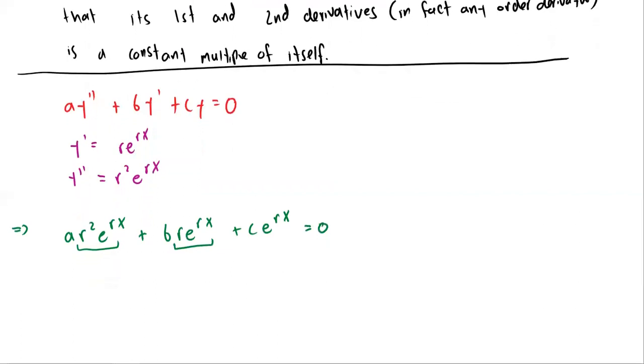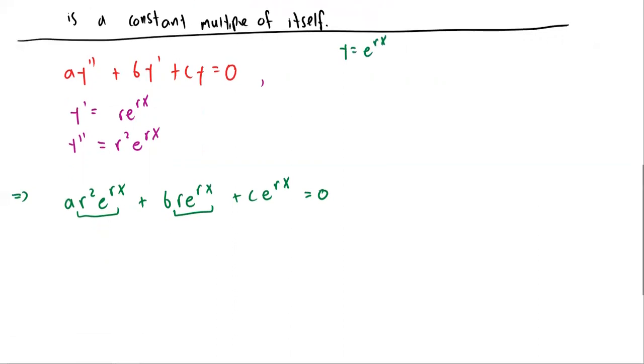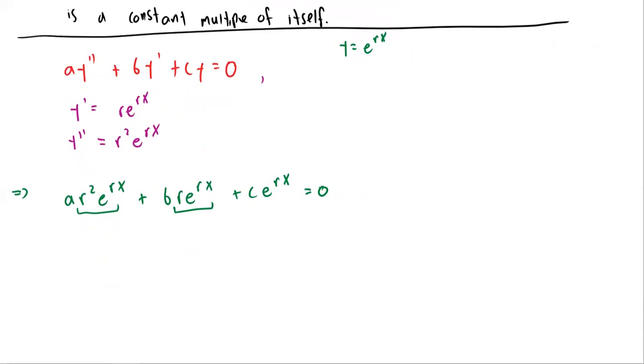Let me make a note here that we're using y equals e to the rx. Now, let's do the same thing as we did before and factor out e to the rx. So we have a times r squared plus b times r plus c, times e to the rx, equals 0.